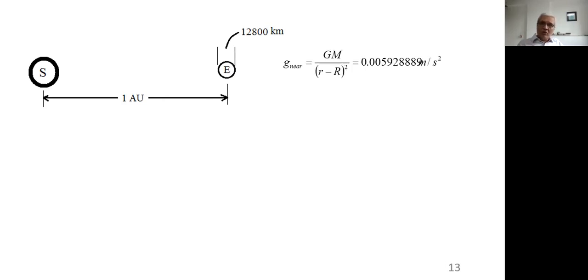But when we talk about gravitational acceleration, there will be two places. One point is nearer the sun, and the other point on the other side is farther from the sun.